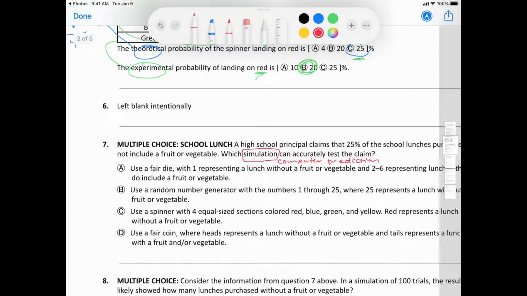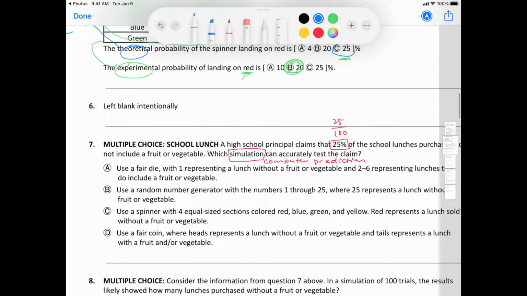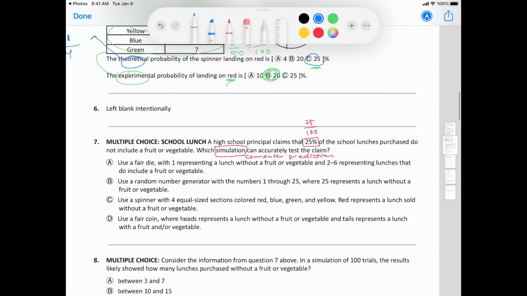Okay, so I just want to talk about the 25%, the principal's claim. Remember, a percent is out of 100. Okay, so let's read each of these situations. A, use a fair die with 1 representing a lunch without fruit, and 2 to 6 representing lunches that do have.